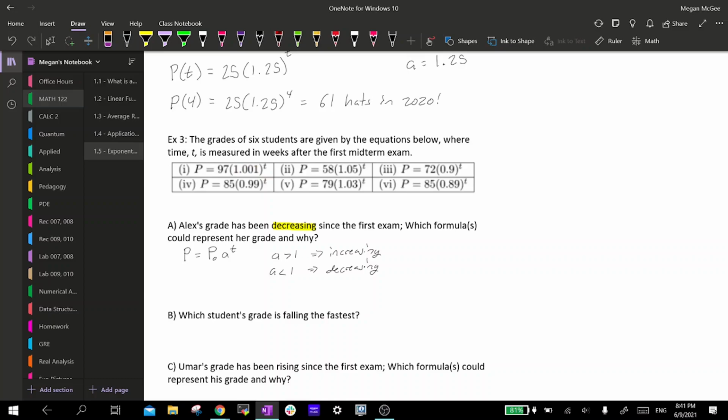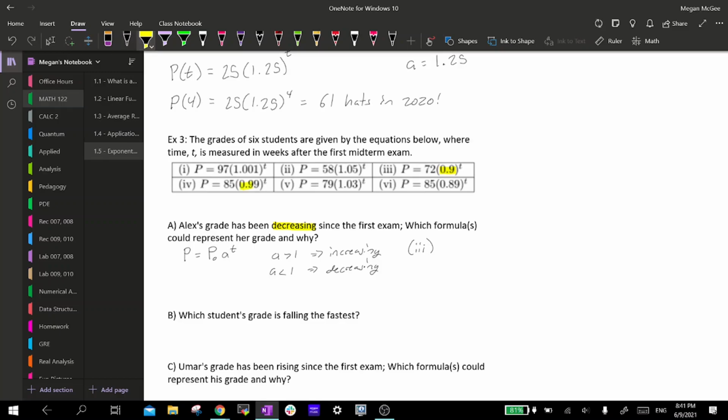Let's look at number 2. Here we have A as 1.05. That is also greater than 1, so it can't be that one. Equation number 3 has A equal to 0.9, so 3 is a contender.